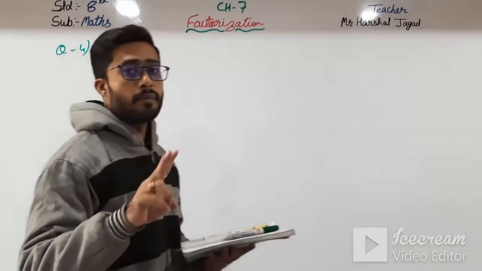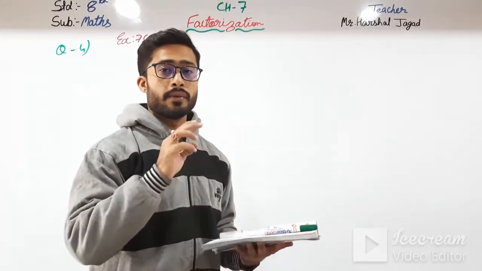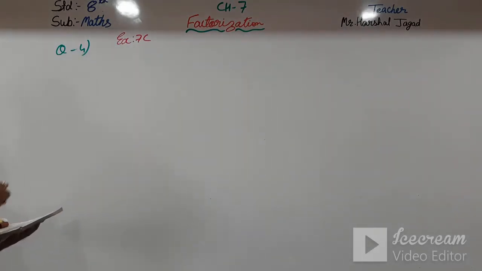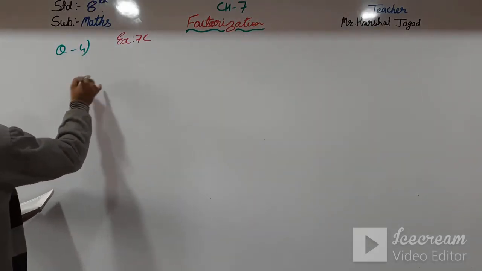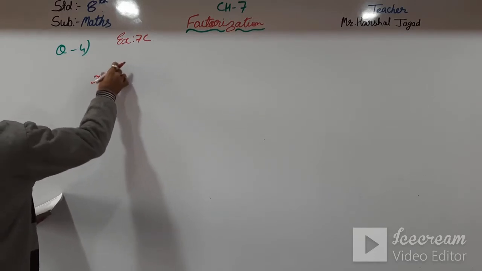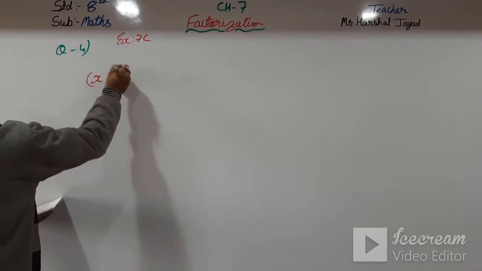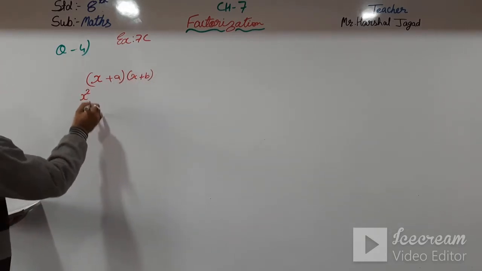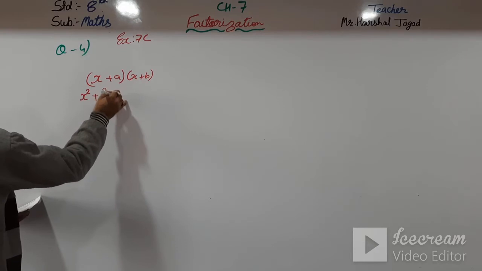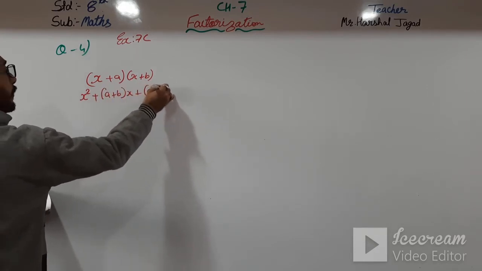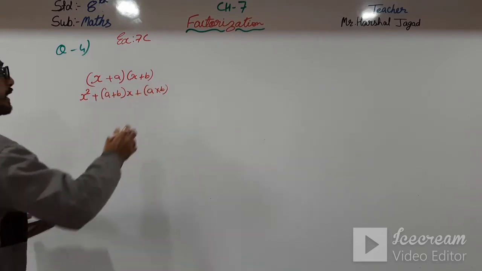We know the formula that if x plus a and x plus b is given, then x square plus (a plus b)x plus a into b. Here the sum and here the product.